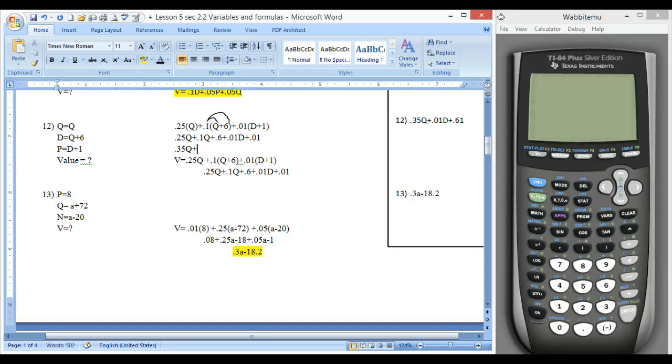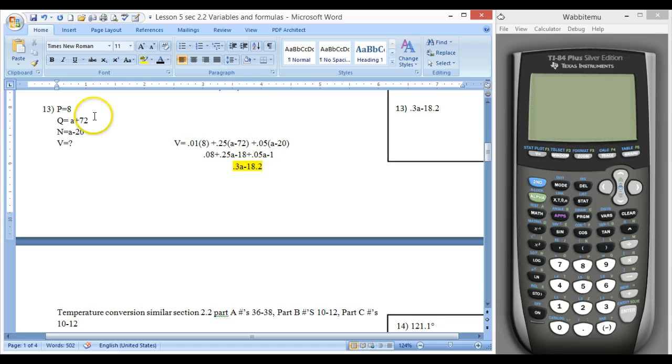So plus 0.01D, then my last ones are 0.6 and 0.01. Those actually don't have a variable with them, so I'm just going to put 0.61 by adding those together. There we go. There's my answer, and the value equals this. Okay, let's move to the next one.